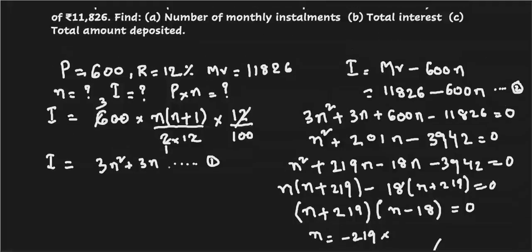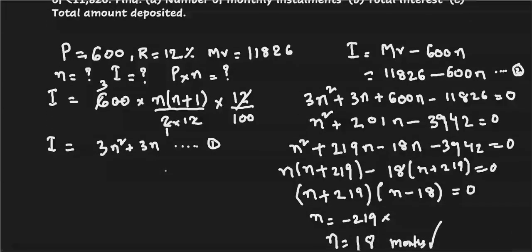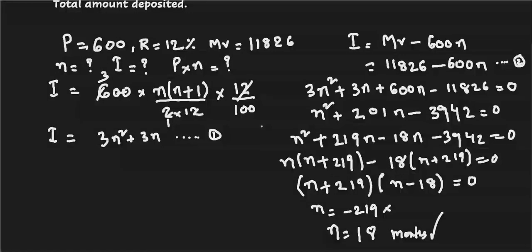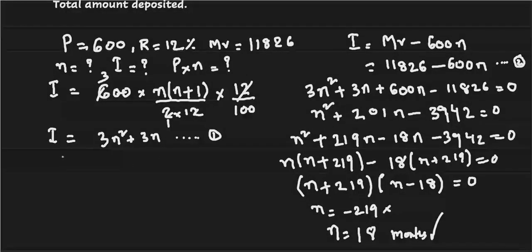So one more thing we are finding here, which is the interest. How will you find the interest? Let's first write the MV value. Interest equal to, you can put n here or you can put here in the second equation as well, 11826 minus 600 multiplied by, what is n? 18.